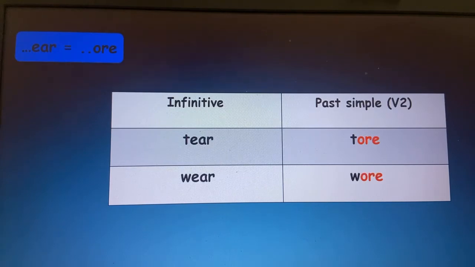When we have EAR, it becomes ORE. For example, we have these two verbs. Tear, tore. Wear, wore.